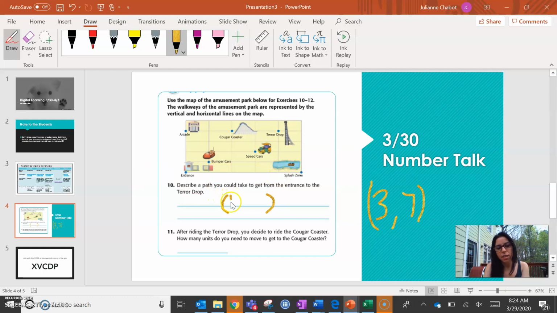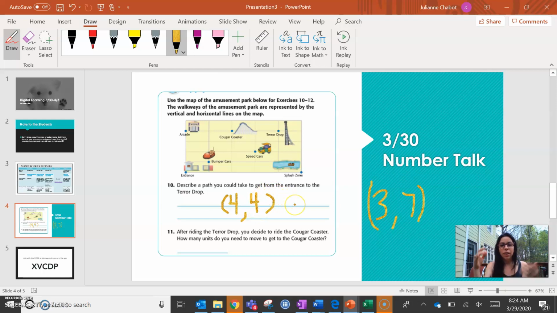So our first number, our x coordinate, is going to be 4. Now we have to go up 1, 2, 3, 4 units up too. So our y coordinate is going to be 4 too.